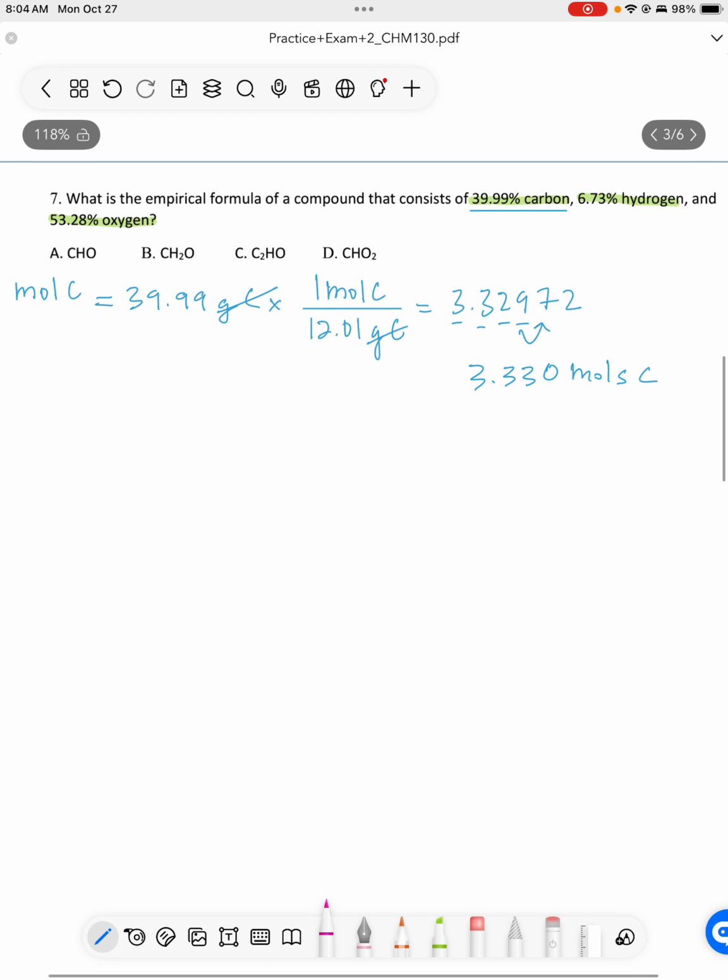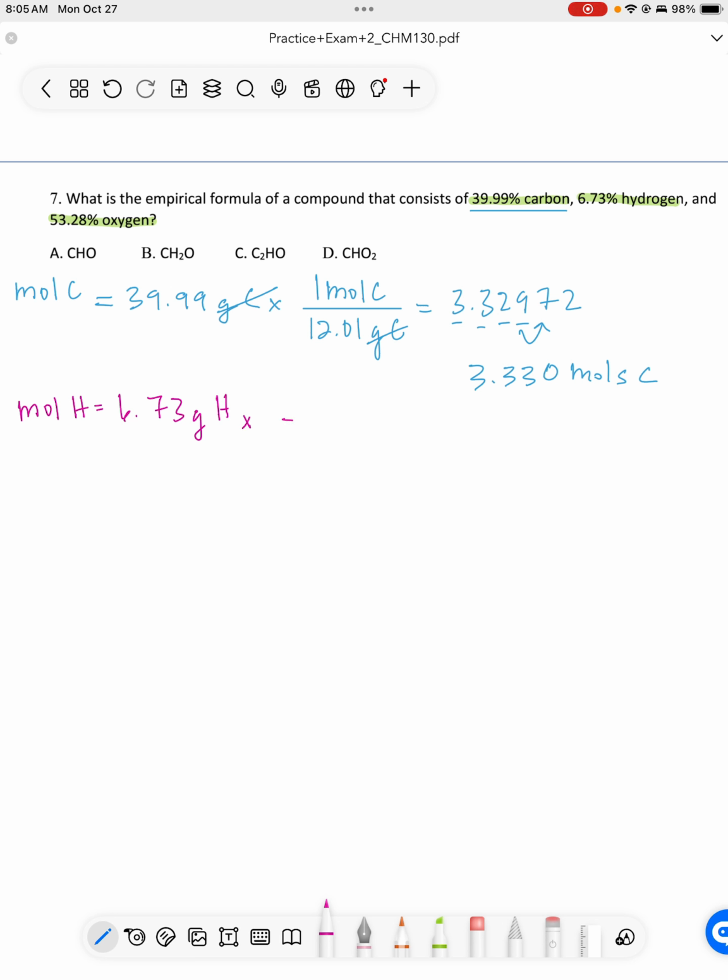All right, now let's do hydrogen. Let's do a different color. So we're looking for moles of hydrogen. And we're given 6.73%, and we know that we just changed that to 6.73 grams of hydrogen. Then we use the molar mass. So 1 mole of hydrogen weighs 1.008 grams.